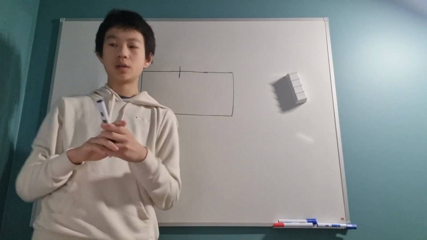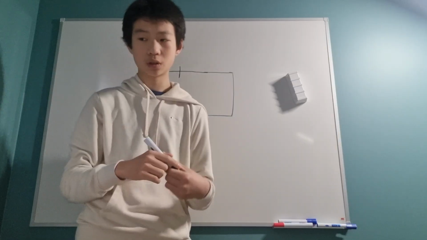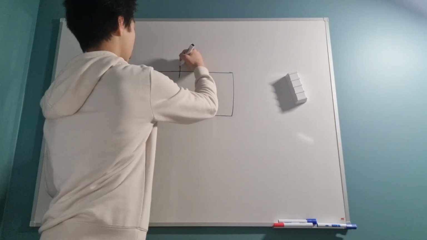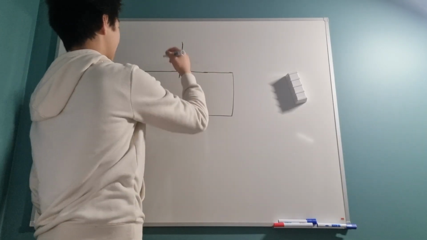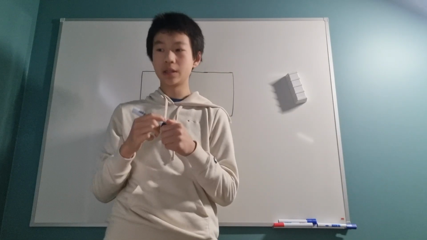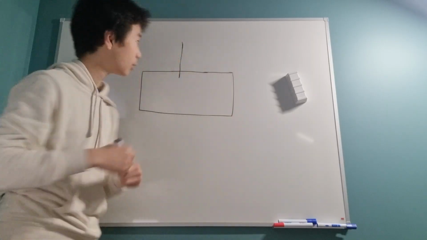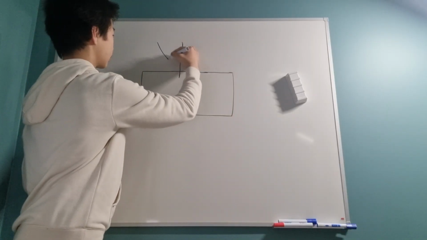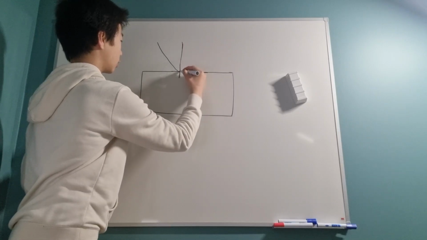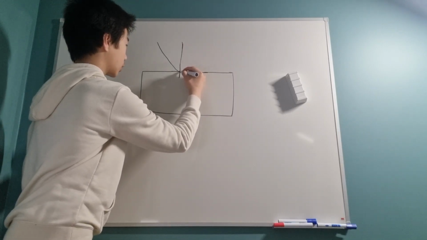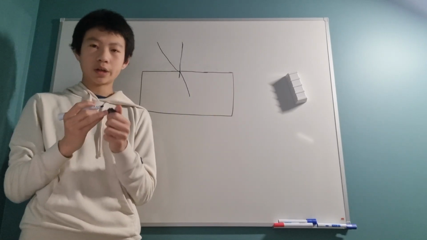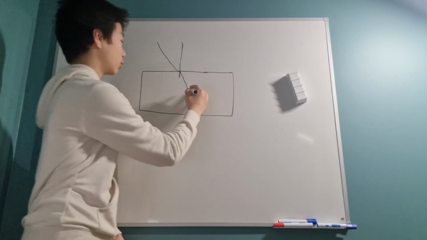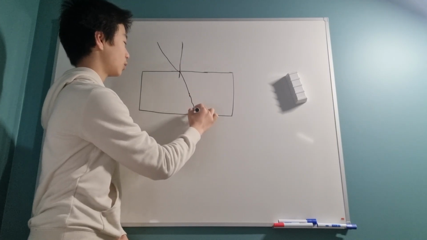Okay, so let's start with light. We extend the normal upwards and have a light ray traveling from over here, at this angle, and it's going to refract. Let's just extend this out.